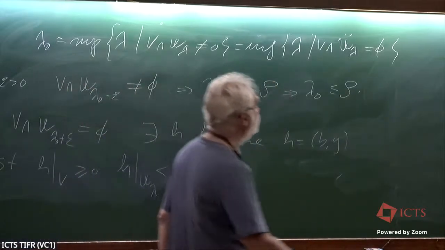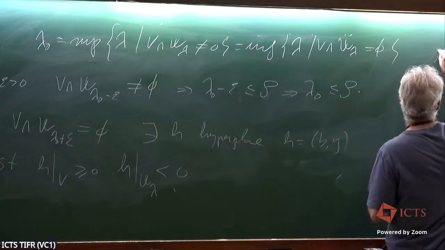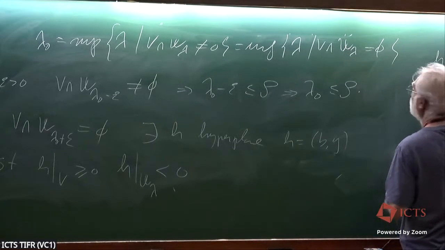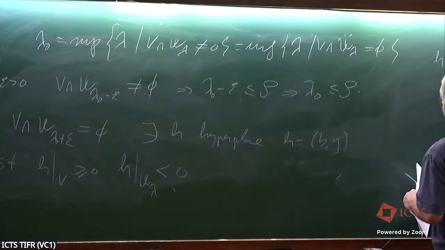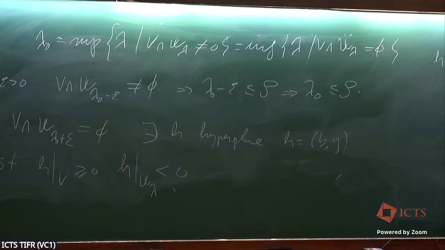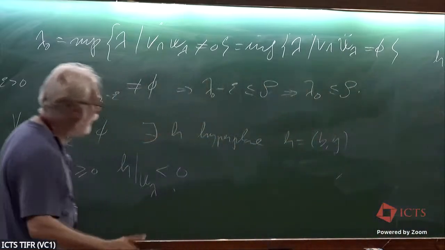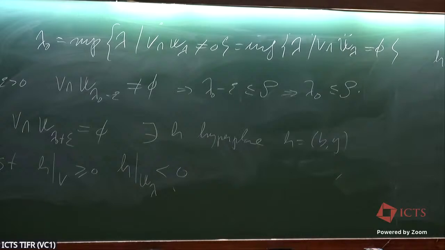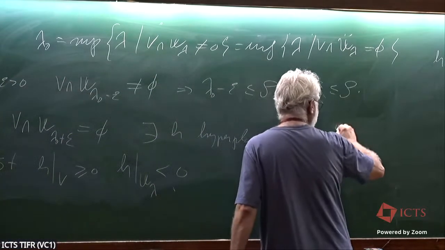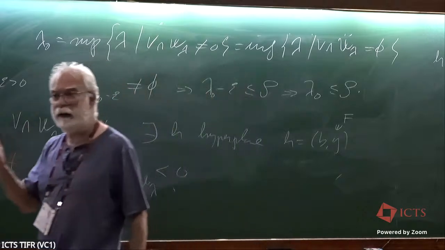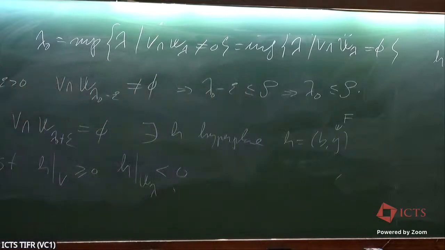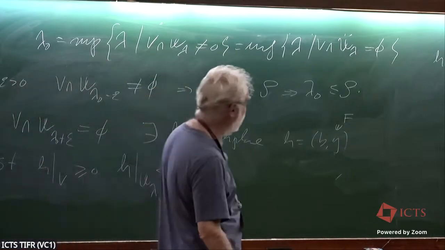So H of U, W, for instance, will be of the form B times U plus W evaluated at Y. Now, since we are in a finite dimensional space, I can think of this Y as an element of F, because in finite dimensional spaces the dual of a space is the original space. This is something that I cannot do in infinite dimensional spaces.